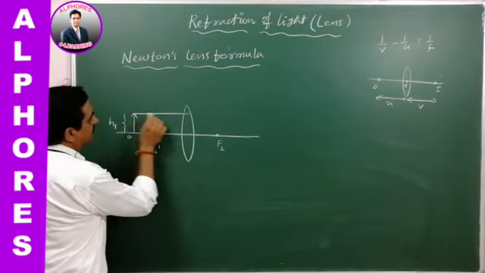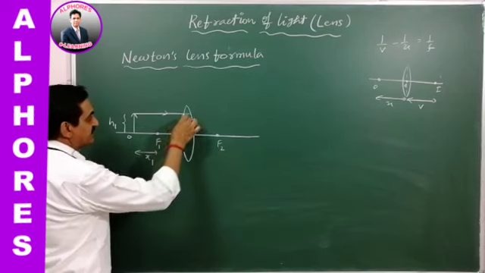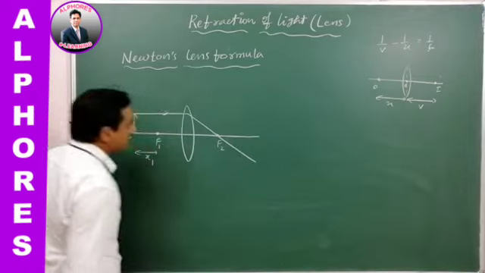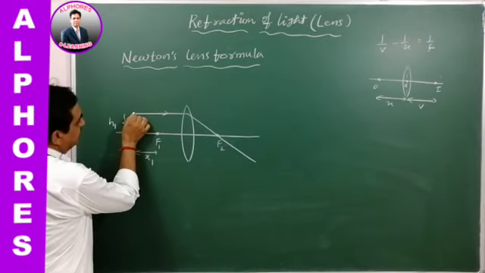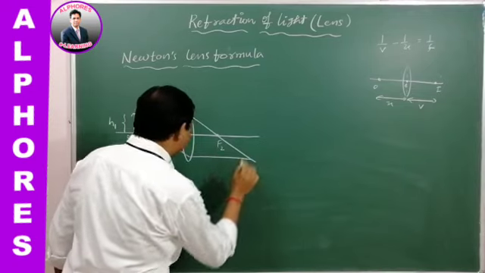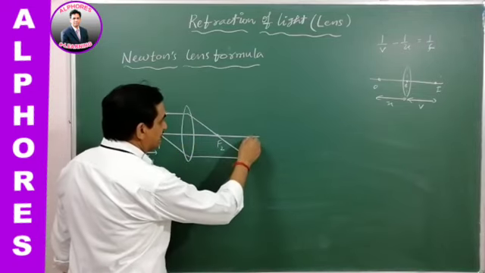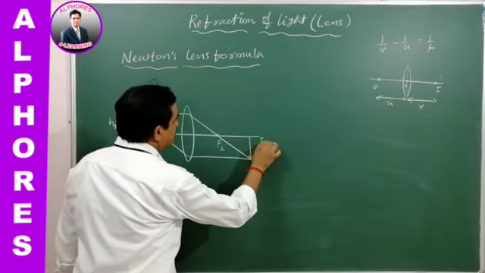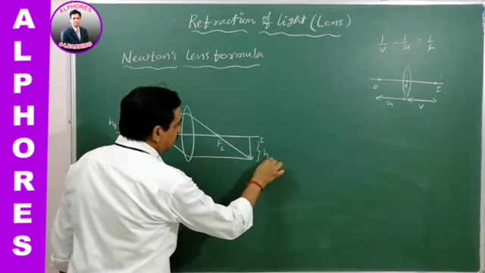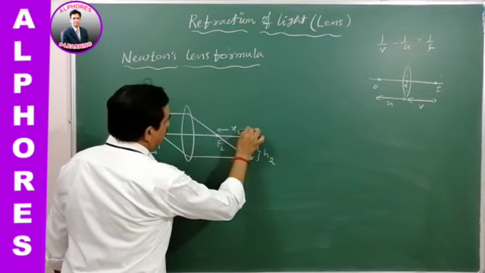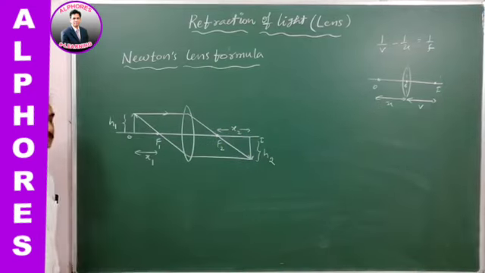See, this is a parallel beam of light incident on the lens. After refraction it passes through the focus point. Now whenever a ray passes through the focus point, after refraction it becomes parallel, and finally it gives its image. Say the image height is h2, which is at a distance x2 from the second focus point.